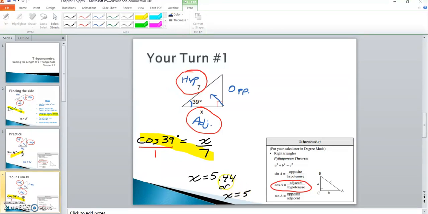Okay. So if on your answer sheet you put 5.44, or if you put 5, I will accept both.